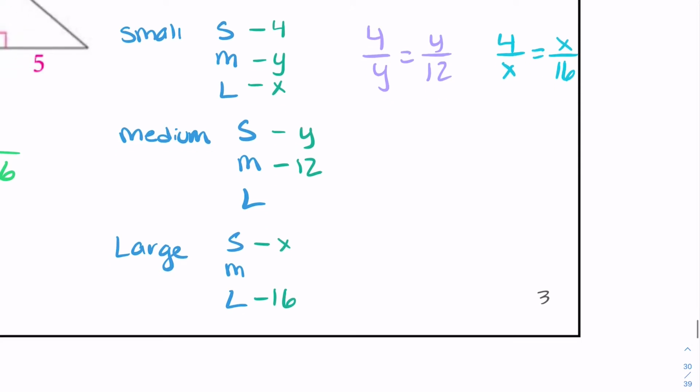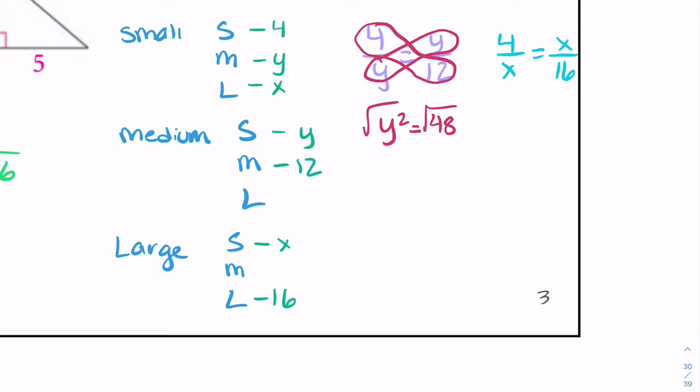Okay. I'll get y squared equals 48. So square root both sides. We get y equals the square root of 48. Whoops.